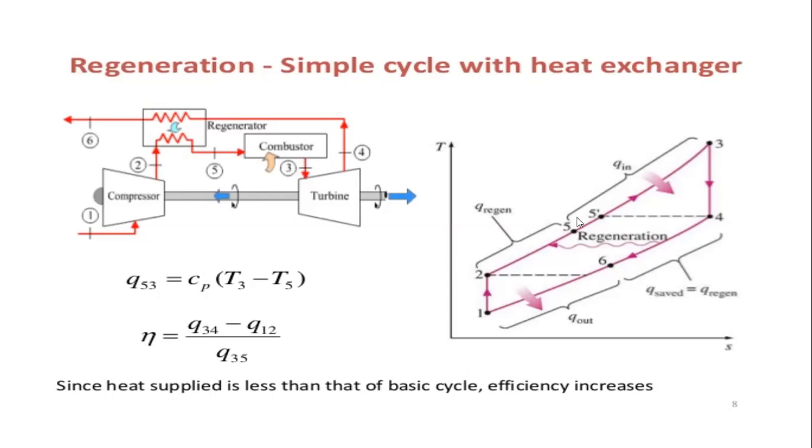So for 5 to 3, there is heat supplied, which is Q in, and Q in is nothing but mass into specific heat into change in temperature. This is the heat supplied. Per kg, M is 1, so it is Cp, the specific heat at constant pressure, into the temperature difference across the combustion chamber, T3 minus T5. This is the heat supplied in the combustion chamber.